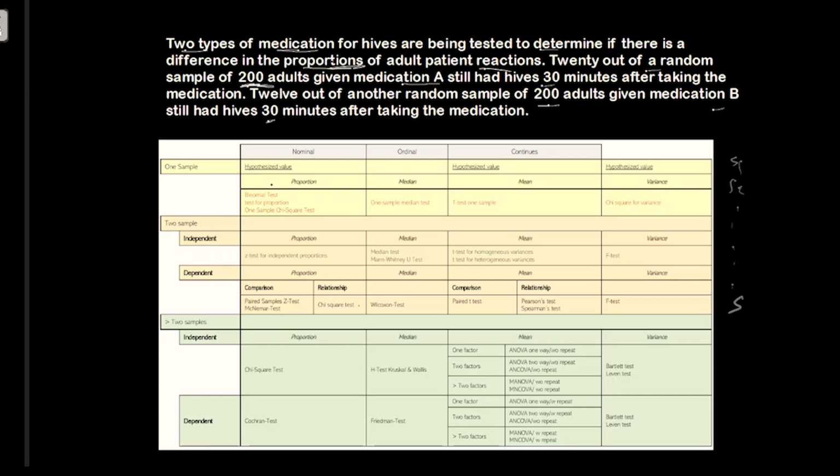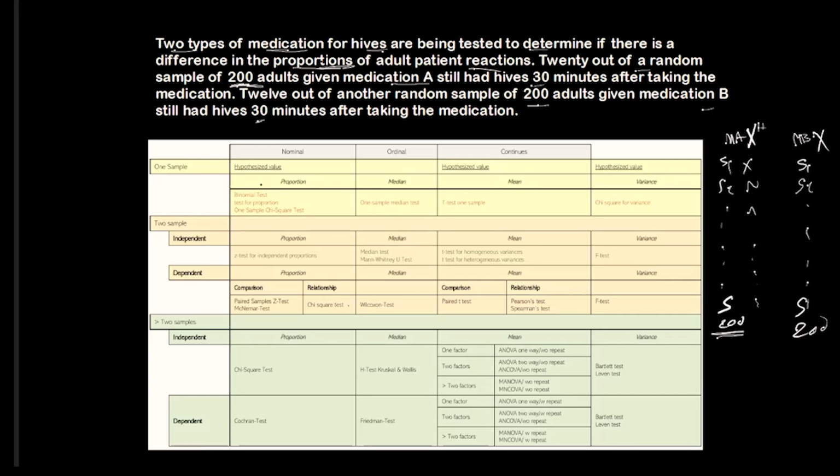The first sample, 200 of them, I'm giving them medication A, and my variable X is yes or no. The second sample, 200 people, the same variable was tested against the hives. I've got a proportion from here, the p hat 1 of this first sample, to be 20 out of 200 to have the hives after 30 minutes.